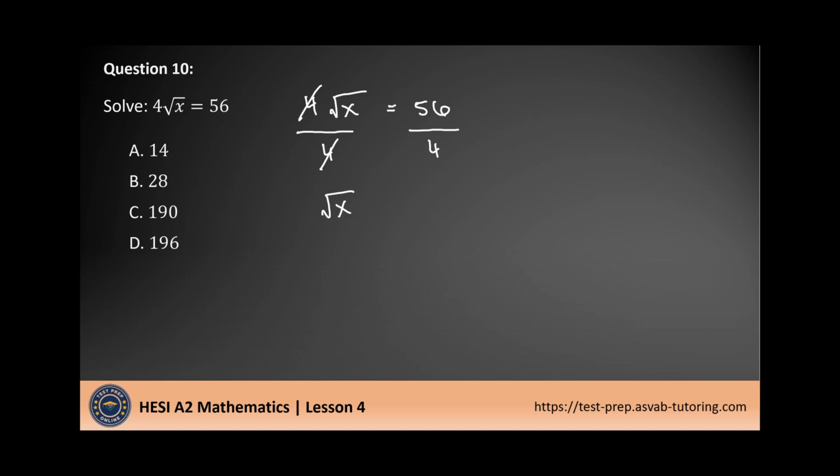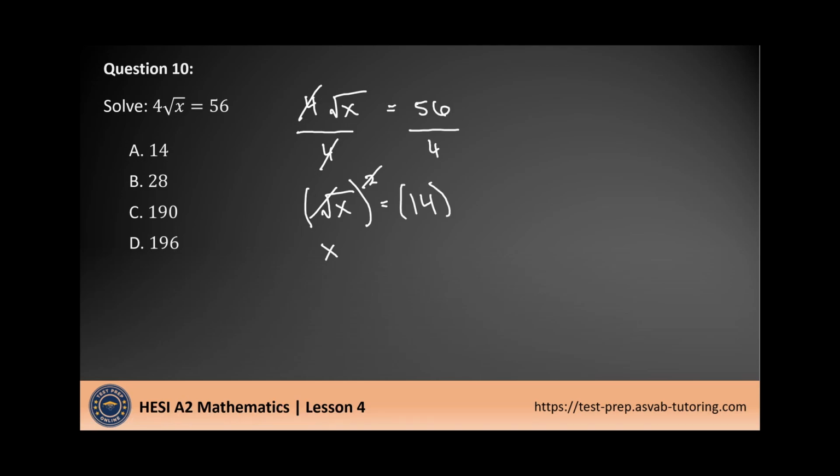The square root of x equals 56 divided by 4, which equals 14. And then, because this is a square root of x, we're going to undo it by squaring it, right? The square root is the opposite of the square, and they cancel each other out. So that leaves us with x.